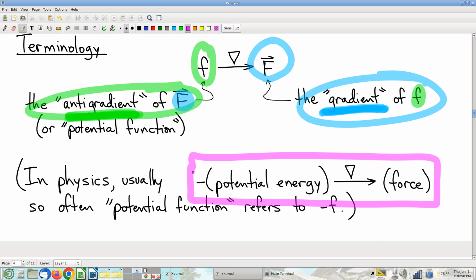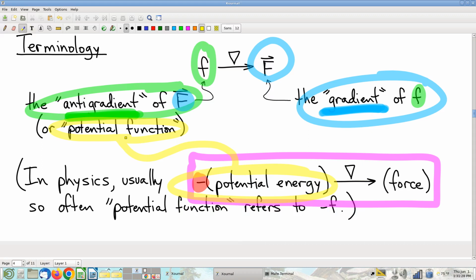I point that out because of this minus sign: it's not potential energy, it's the negative of potential energy. So arguably the word potential function is kind of the exact opposite of what it is, right? It's literally the negative of the potential energy.